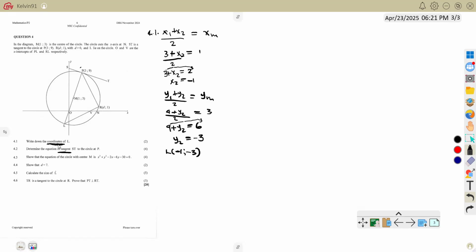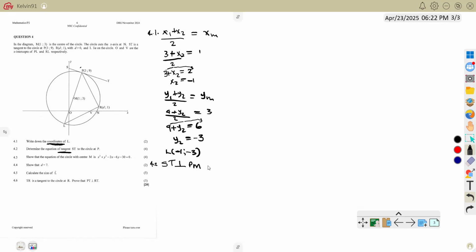Conditions will be talking of parallel lines, collinear points, perpendicular lines. So if you check, this is a tangent, this is a diameter. So we can therefore conclude that ST, that is for question 4.2, ST is perpendicular to PL or to PM.